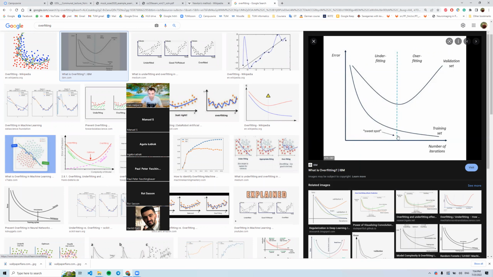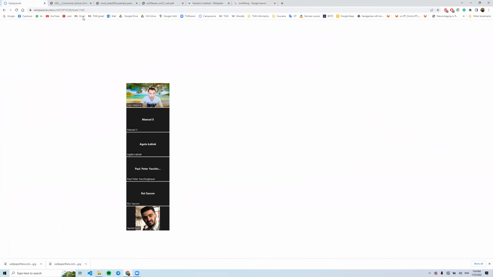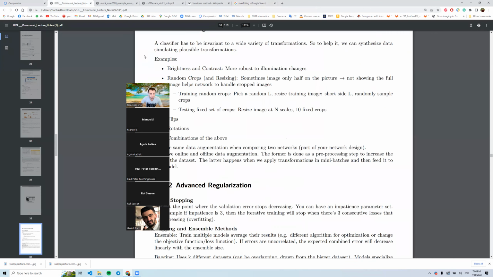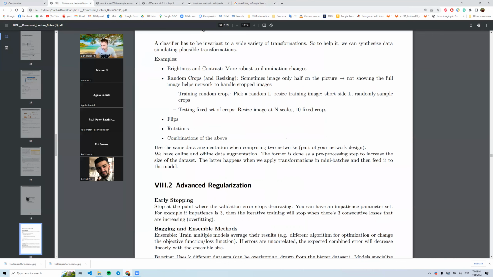So it's just a mechanism. It's not a regularization term. For the question of Manu, no, Agatha, it's not a regularization term. It's not a mechanism of regularization. Yes, it prevents overfitting, but not the way regularization works.